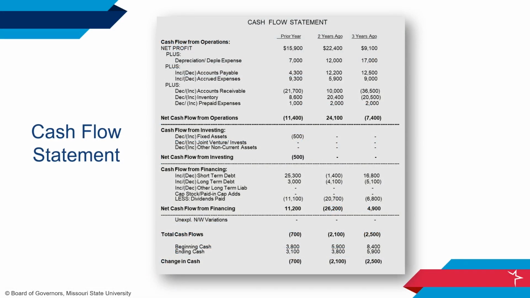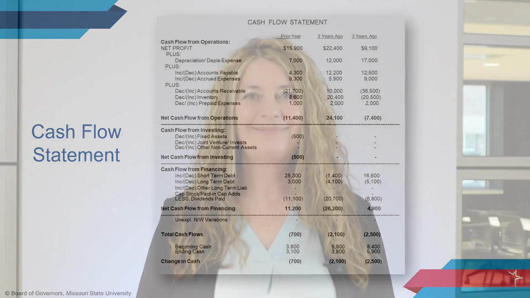The cash flow statement shows you how money is coming into and going out of your business. It is broken down into 3 categories: cash flow from operations, cash flow from investing, and cash flow from financing. Each of these measures the change in the accounts to show your total cash flows and ending cash balance for a specific period.